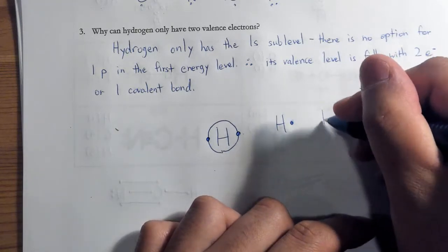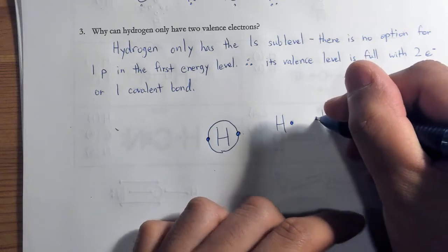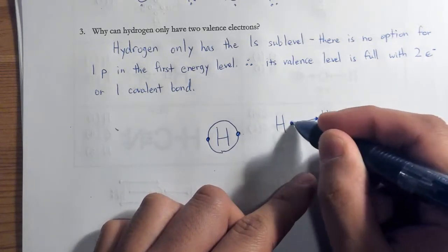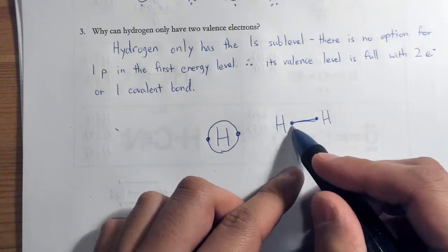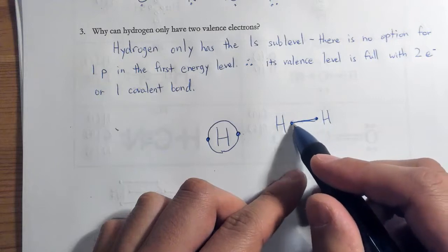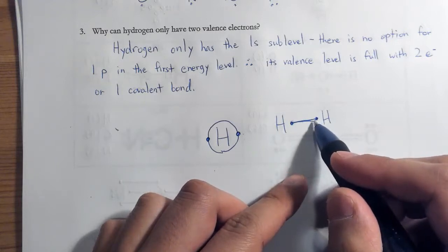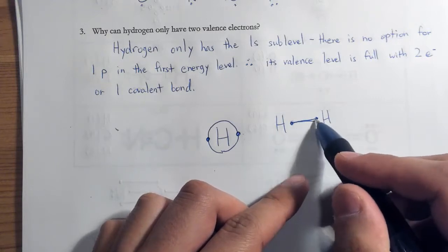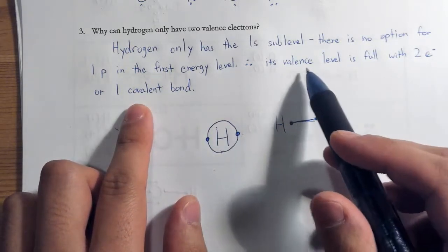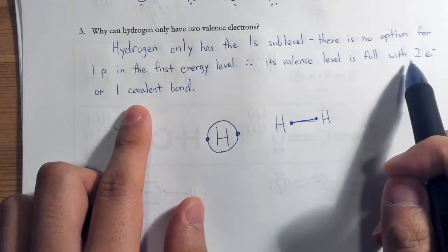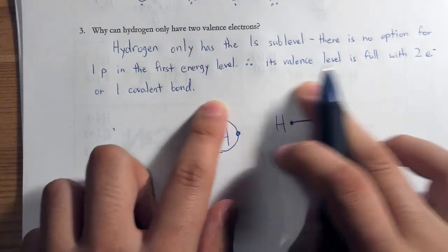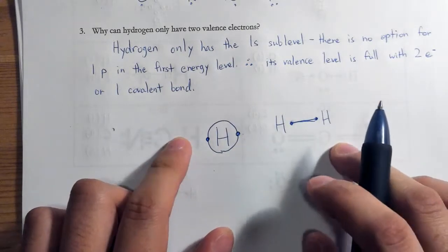I'm going to choose hydrogen because that will be the easiest. So they each have single bonds, and if we connect them, hydrogen has 2 bonds, or 2 electrons. Remember, 1 bond is created by 2 electrons. That's why we say that the valence level is full with 2 electrons or 1 covalent bond. So this is why hydrogen only has 2 valence electrons.